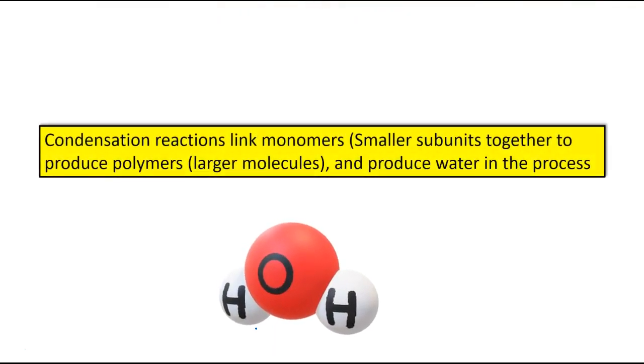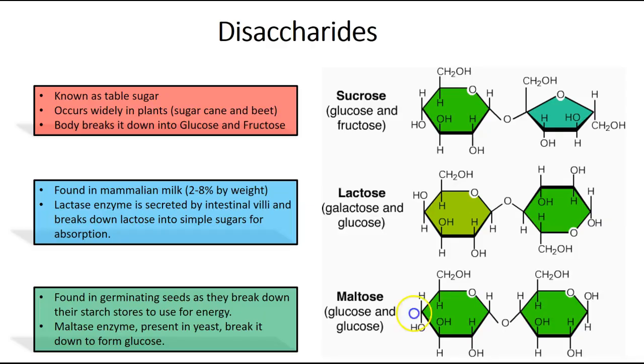That is called a condensation reaction, which is a type of anabolic reaction, utilized to link monomers, in this case monosaccharides, which are smaller subunits, together to form a disaccharide or a polysaccharide, both of which are larger molecules, and produce water as a byproduct. This water is just released as a byproduct of this particular condensation reaction.